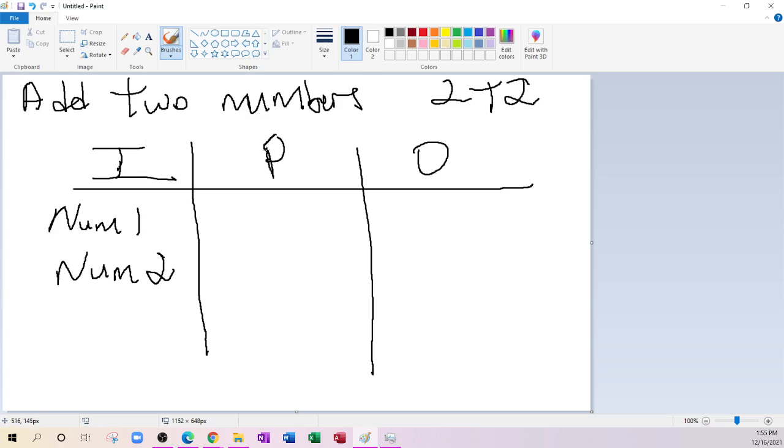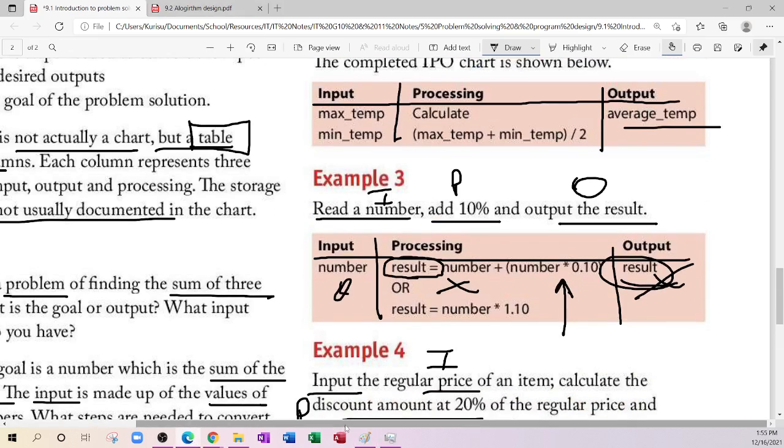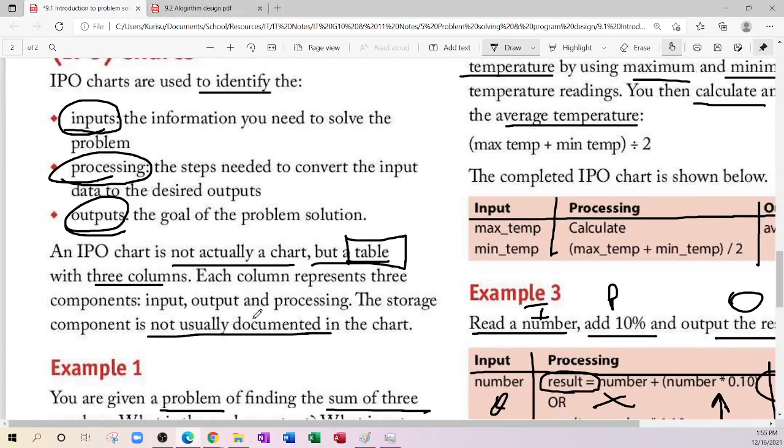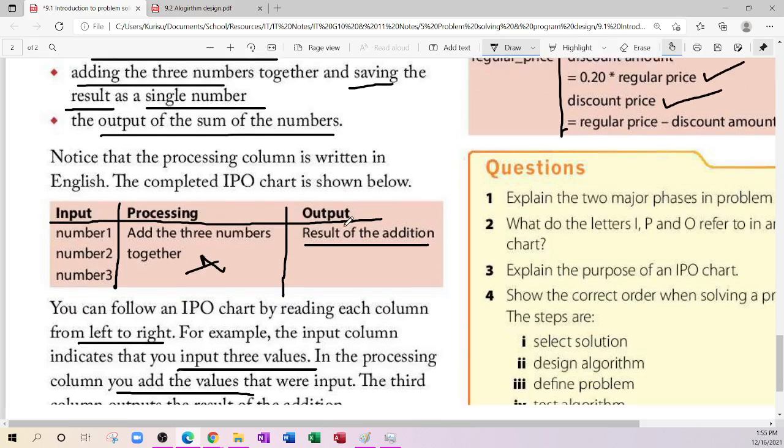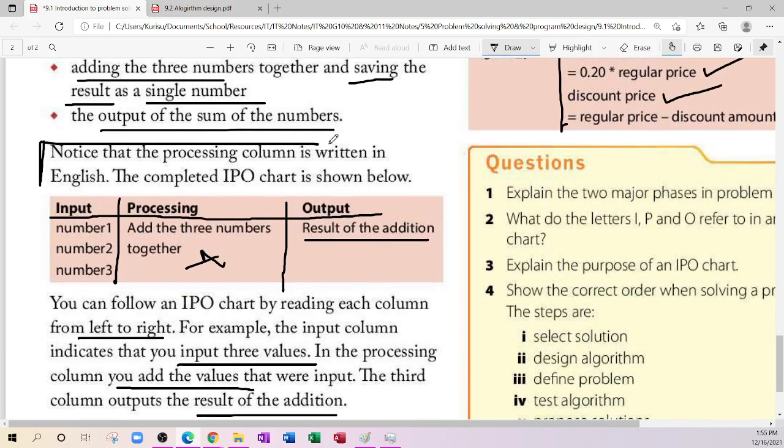Remember, processing is calculation. Whenever you hear processing, think of calculation. So what are we doing with these two numbers that we already input in the first column? Add the two numbers. Good. Now, one thing to take note of, that's good, that's correct. One thing to note is that, where did it mention it? Here, look at this part here.